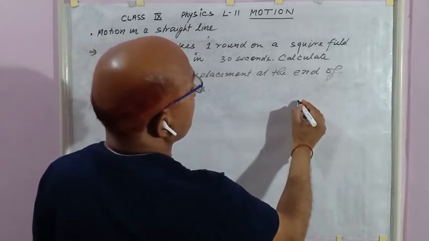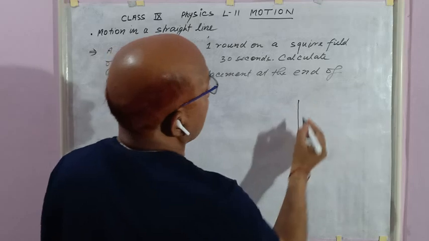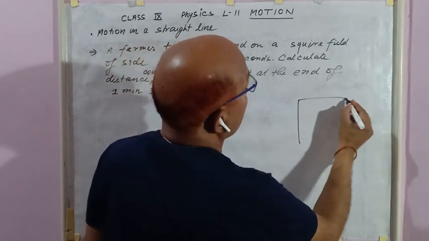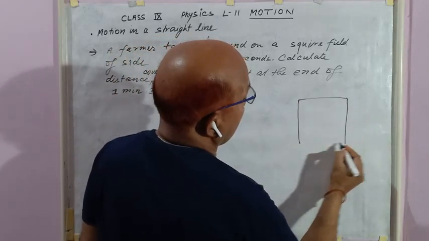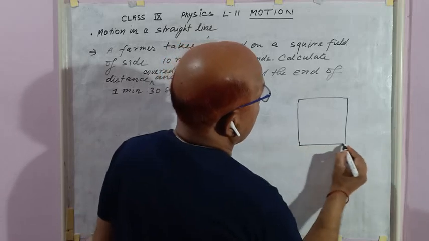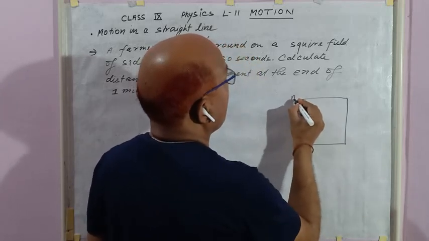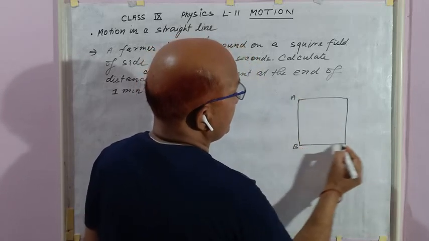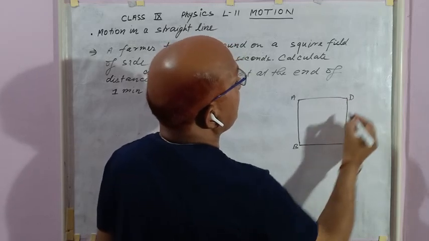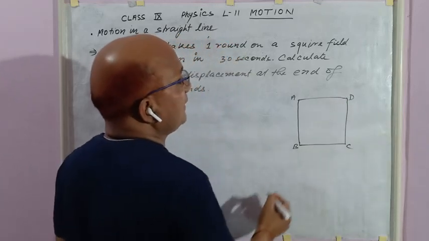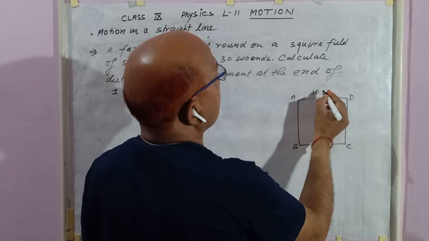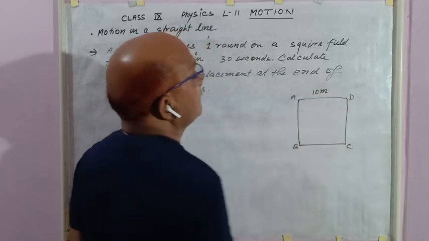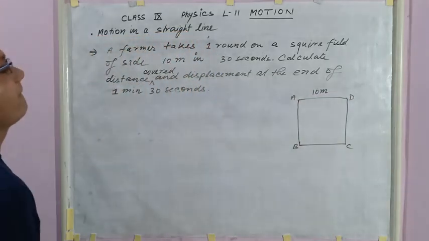Suppose A, B, C, D, it is a square field and it has side 10 meter.